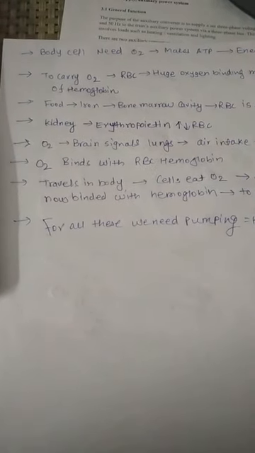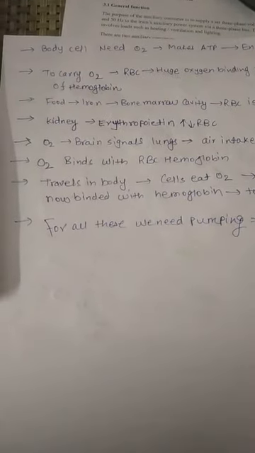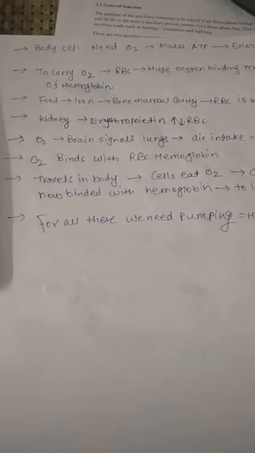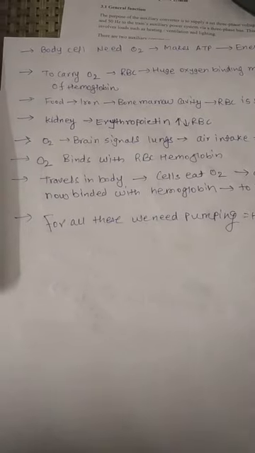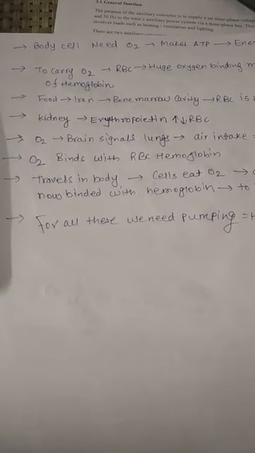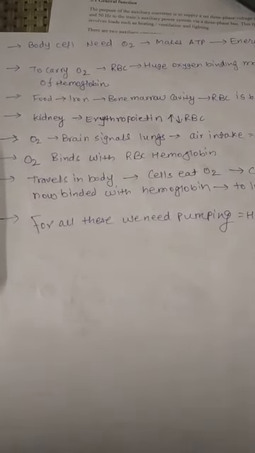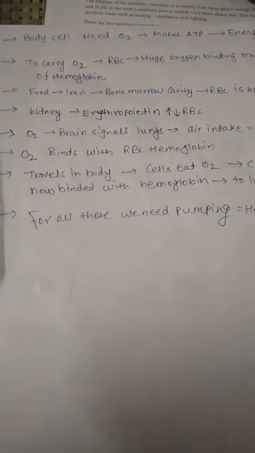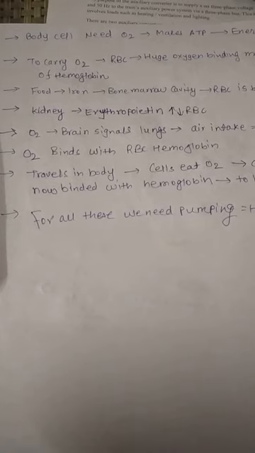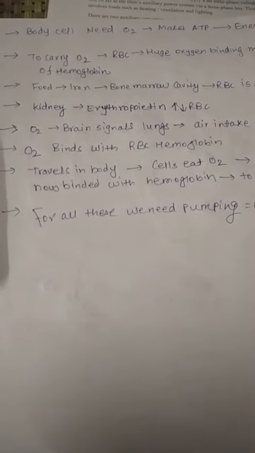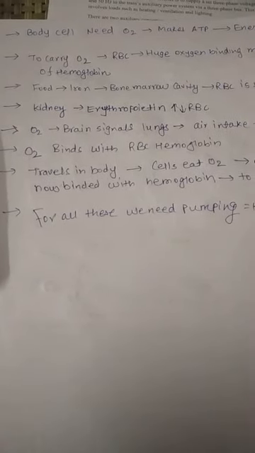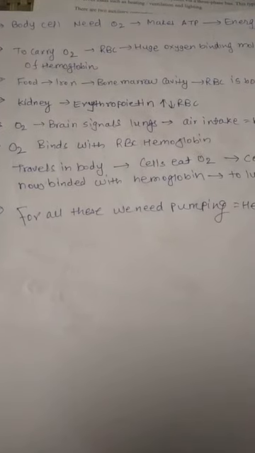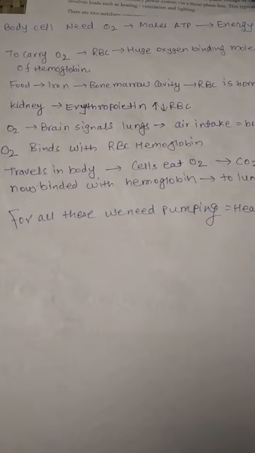Now, the purpose of all this is to make the oxygen-rich blood reach the needy cells. So now our bus is ready, the conductor is ready. The oxygen sits inside this RBC hemoglobin. So oxygen is bound with hemoglobin. It travels in our body. The cells are eating oxygen.